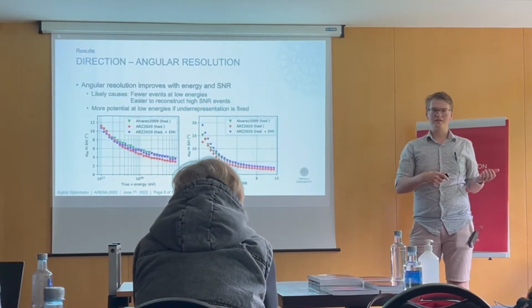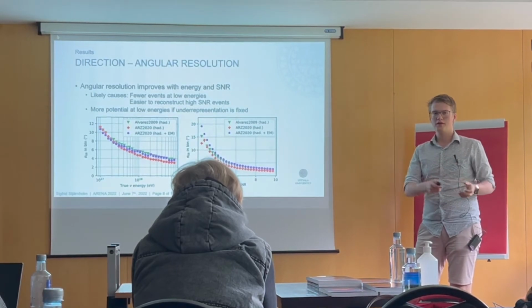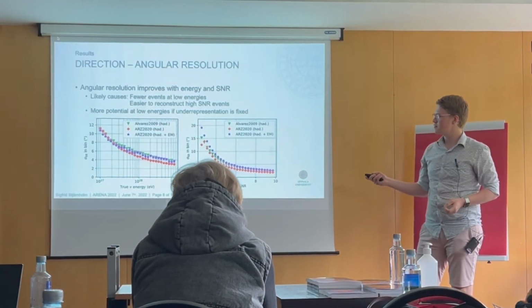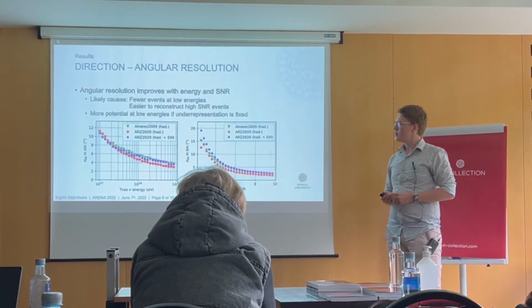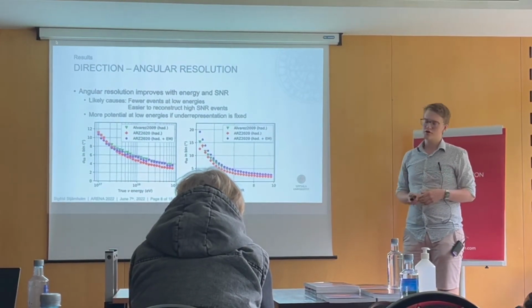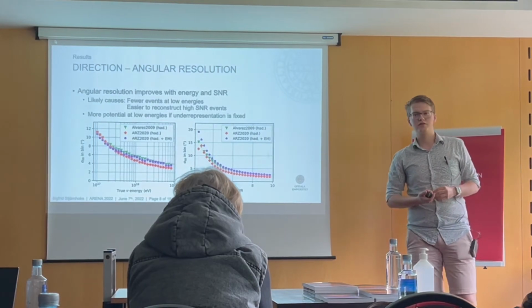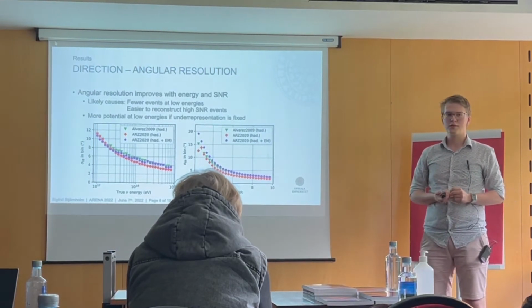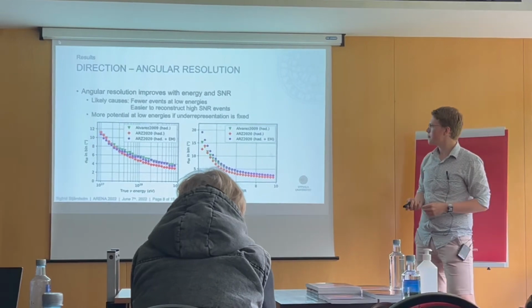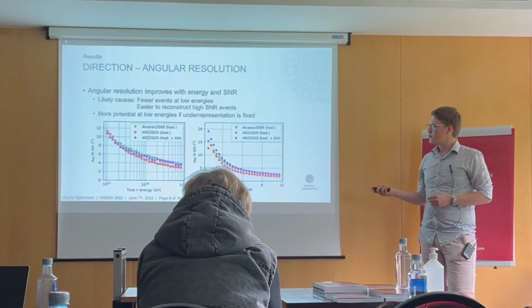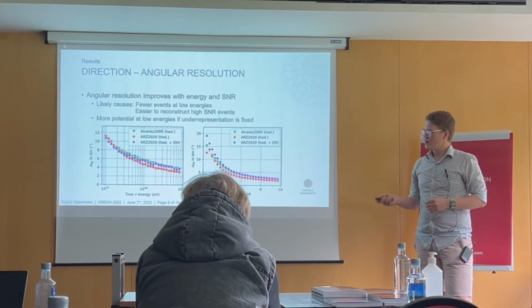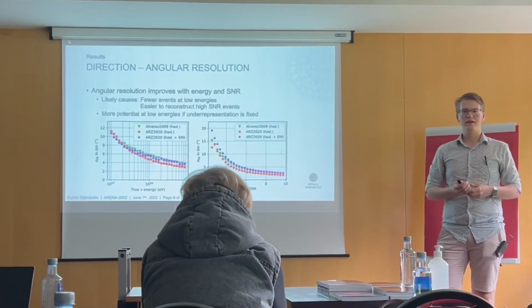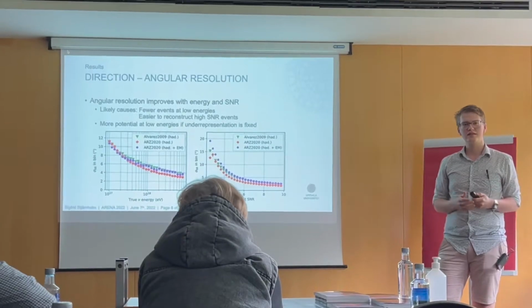The network hasn't seen as many low energy events, and hence it's worse at reconstructing them. And for the signal to noise ratio, it makes sense that high signal to noise ratio events are reconstructed better because you have less noise compared to the signal. We think there's more potential at low energies if we increase the amount of events there.